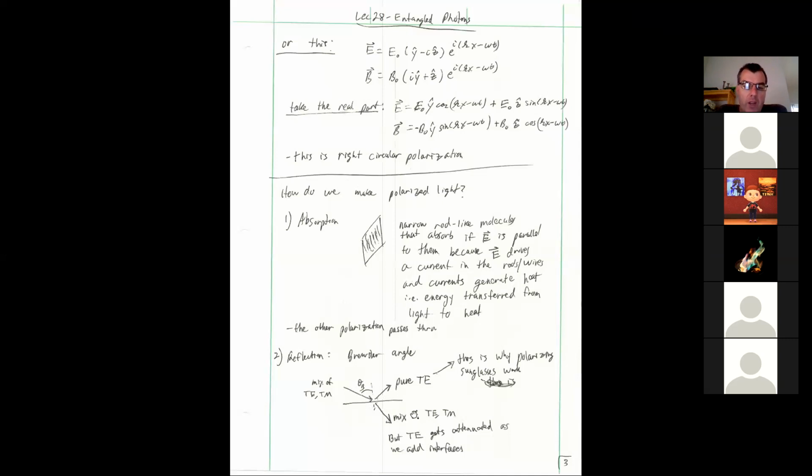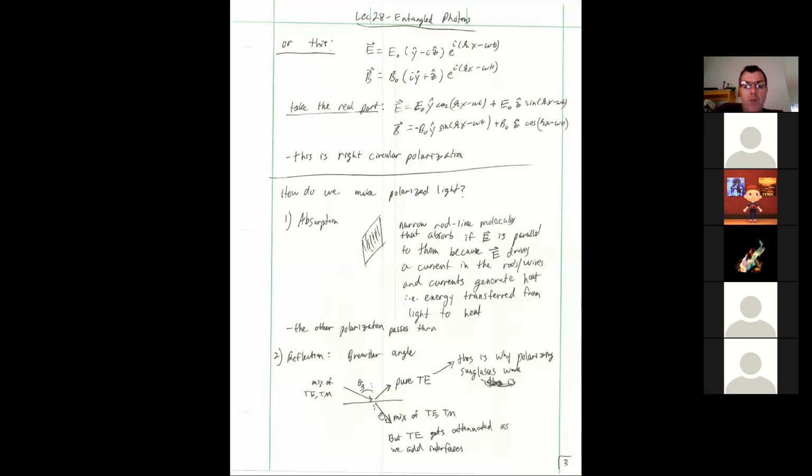Now we can make the transmitted light almost purely TM by putting another layer and another layer and another layer. At each of those layers, some of the TE gets reflected. Some of it still gets transmitted, but all of the TM gets transmitted, and the fraction of TE light that will be transmitted after n layers will be a transmission coefficient raised to the n power.